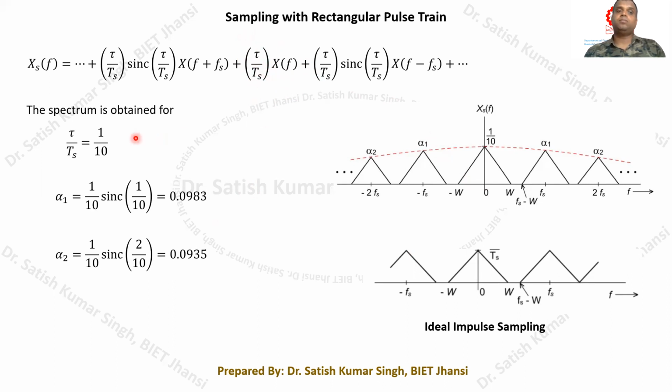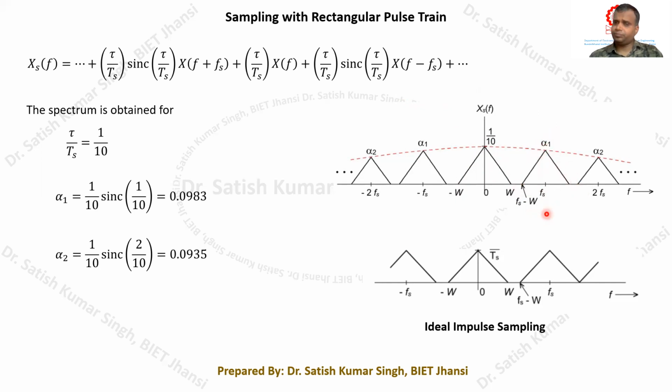Since we have taken tau upon Ts as 1 upon 10, this value is going to be 1 upon 10, and this will be our spectral component. When n equals 1, this spectral component has to be shifted to f equals fs. So at f equals fs, the same spectral component is shifted around.